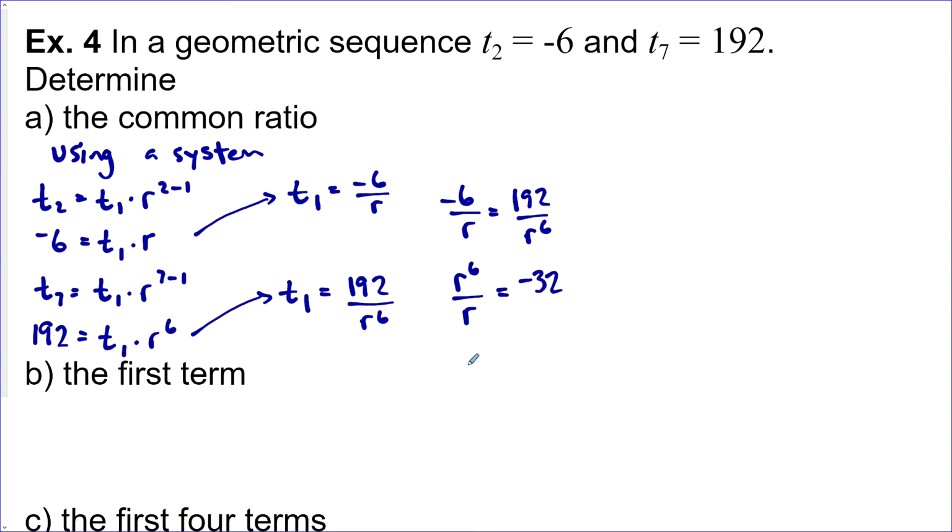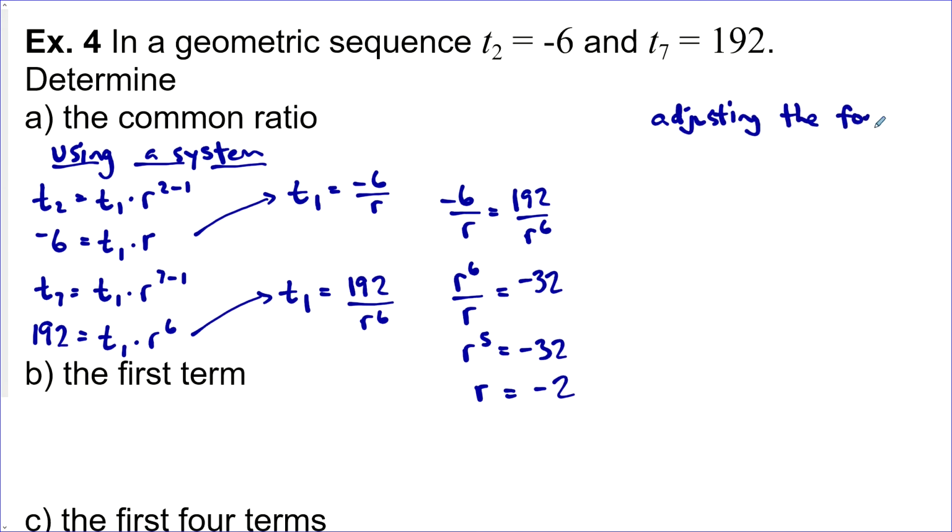Now this is really just r to the power of 5 equals negative 32. So taking the fifth root of both sides here, I get r is equal to negative 2. Now that's using a system, and let's try just adjusting the formula.